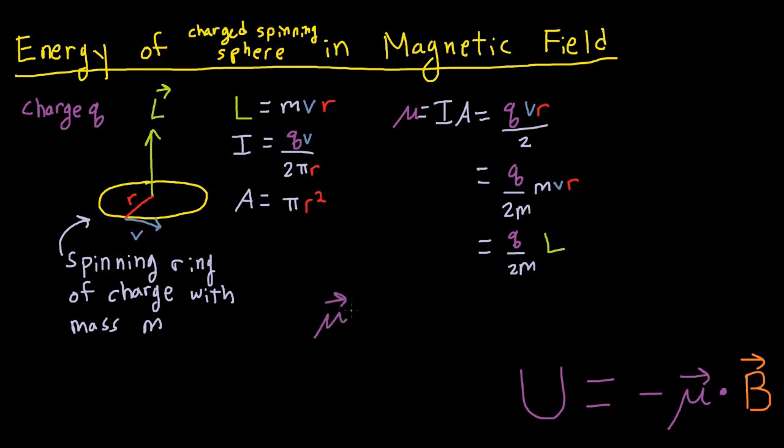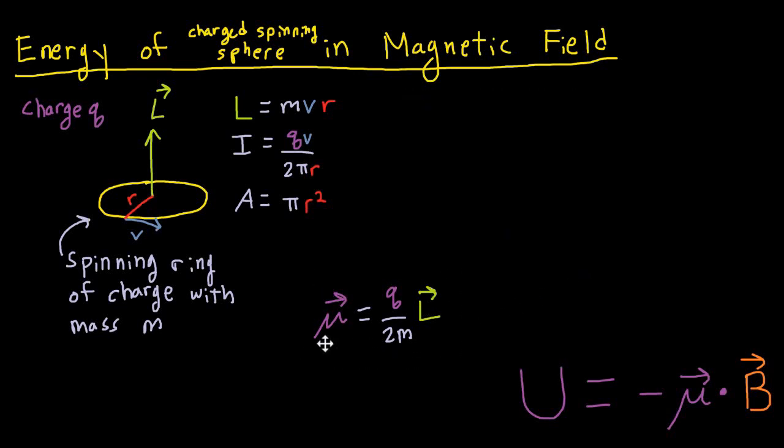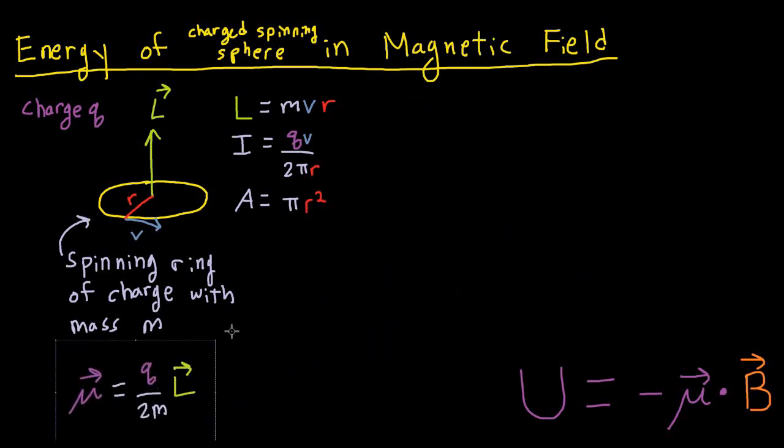The vector mu is equal to Q over 2m times the vector L. So this is the magnetic moment for this spinning ring of charge. Okay, very cool. So let me clear some of this scratch work here and move this over here.